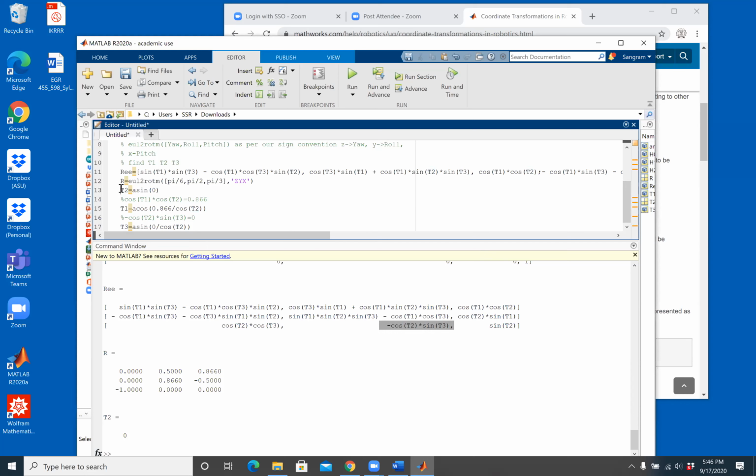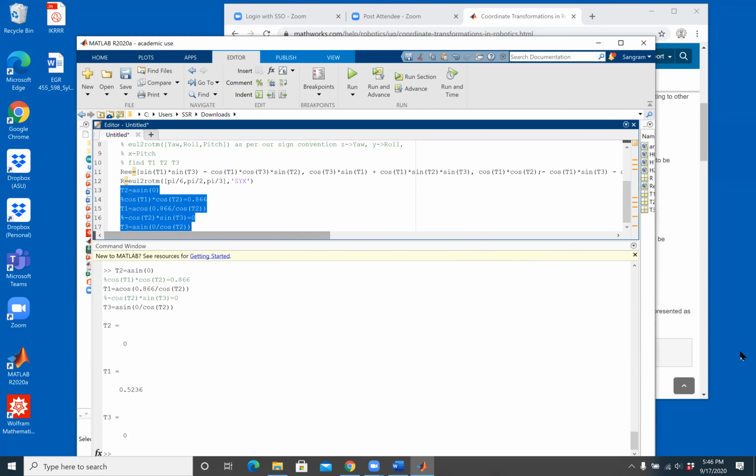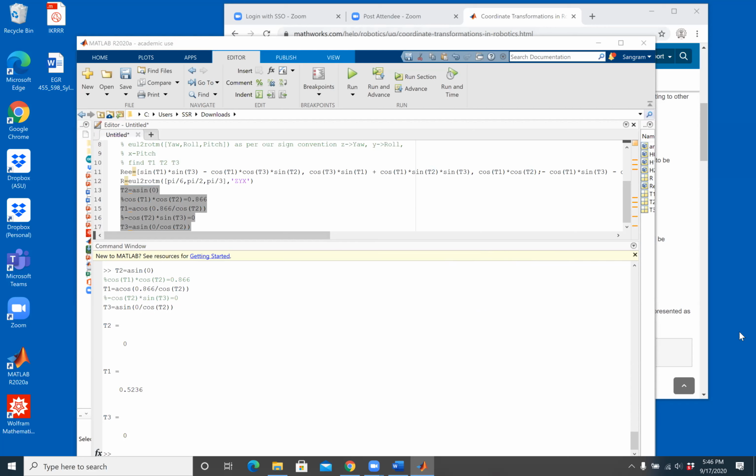Okay, now this is the answer I finally got. My T2 is equal to 0, my T3 is equal to 0, and my T1 is 0.52.